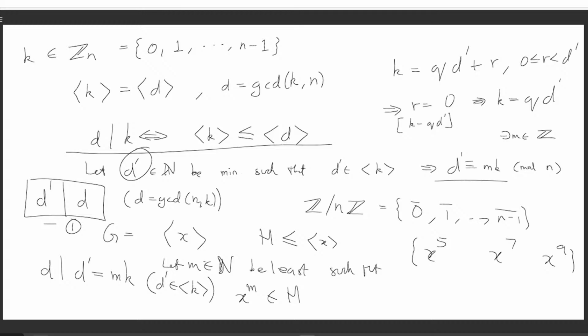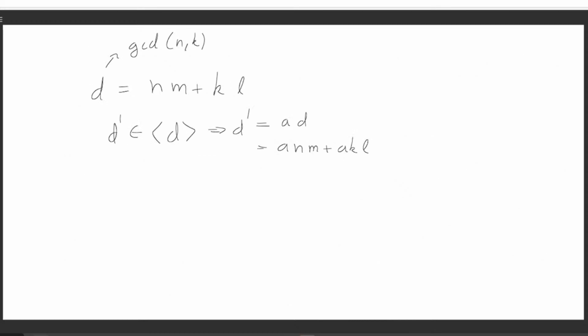Okay, fine. I got it. So you have taken D prime to be some element. Now I understood. So that's fine. Then it is equal to AKL. Okay, fine. Yes, you're right.